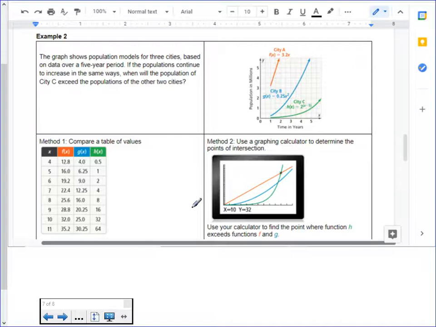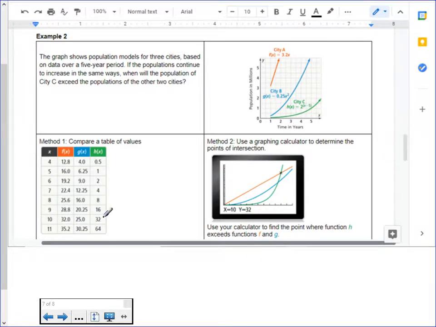It doesn't tell us what cities we're working with, but it gives us graphs, and all the tables already filled out. Apparently city C is just really growing faster than everything else, and you can see that by the numbers in the graph. These are steadily increasing, and this one looks like it's an exponential function, like it's increasing much faster than the rest of them.